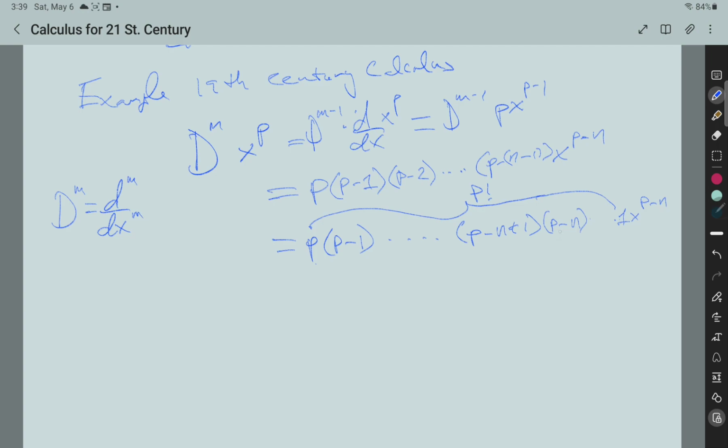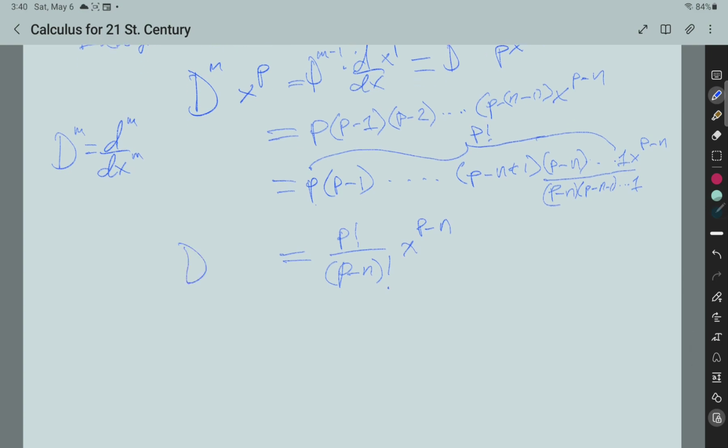Since I added in this p minus m all the way down to 1, I have to divide by the same p minus m minus 1 all the way to 1. It turns out that the denominator is really p minus m factorial, because it's going from that value to 1. And then the top is p factorial. And the power is x to the p minus m.